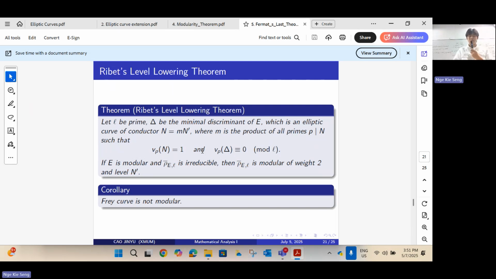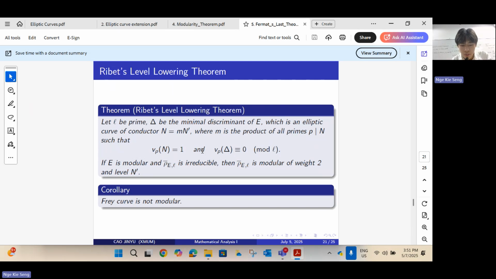The essence of Ribet's theorems lies in the local properties of the Galois representation, just like we talked about before, unramified and flat. It forces the modular form to exist at a lower level, and this constraint is so strong that it can't freely adhere to a high-level modular form.